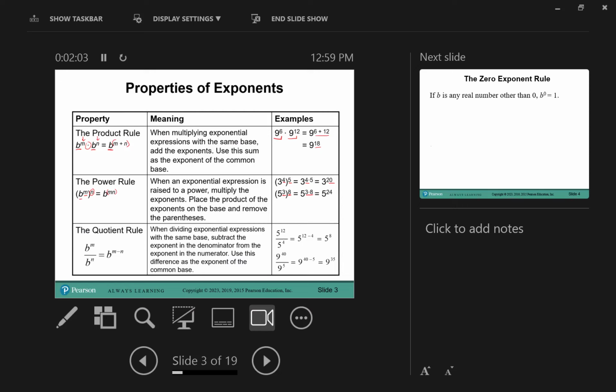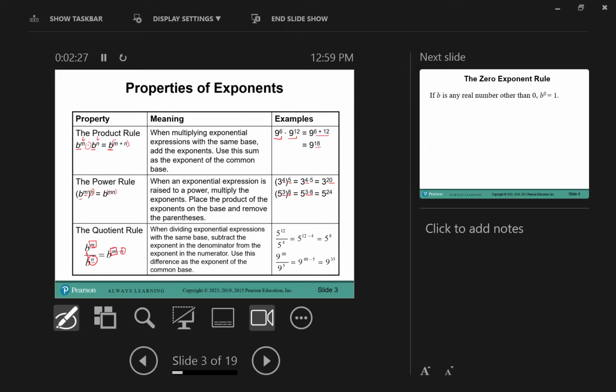Now our quotient rule, if these are divided instead of multiplied, b raised to the m, b raised to the n, and again, they both have to have b, whatever that number is. It has to be the same number raised to these powers, or else this doesn't work. Then I have b raised to the upper power, m, minus the lower power, n.